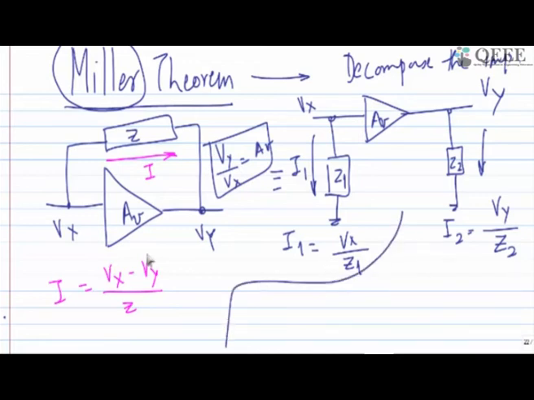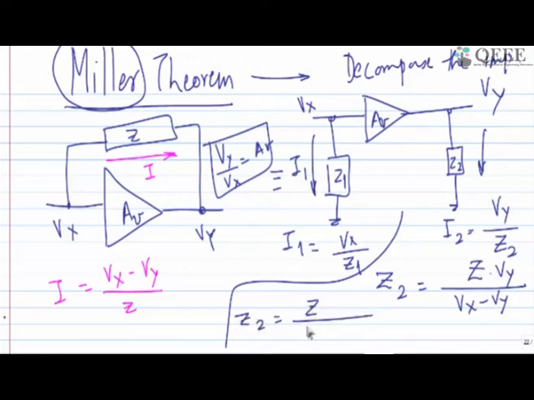If I equate with this equation, what I'm going to see, Z2 is equal to Z Vy divided by Vx minus Vy, and if I divide it by Vy, I'm going to see Z divided by Vx by Vy minus 1.